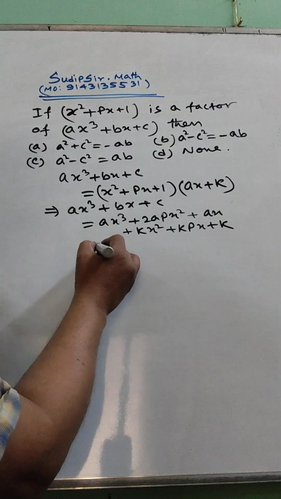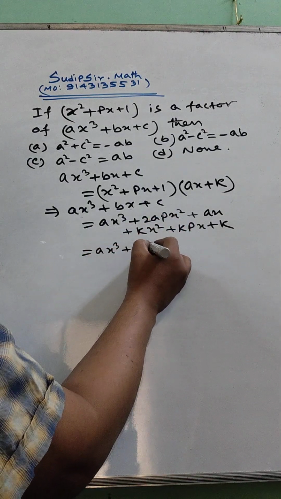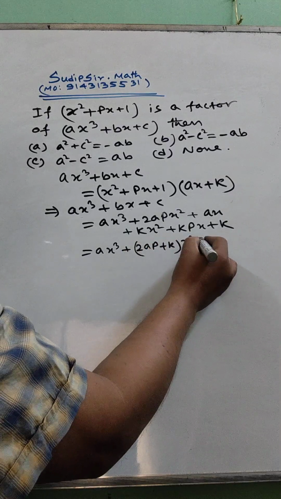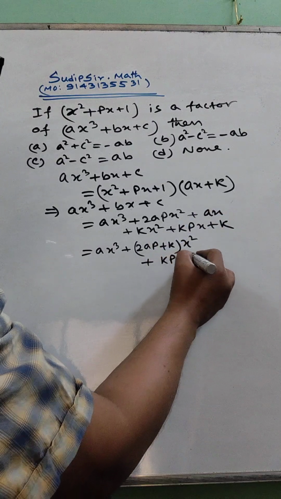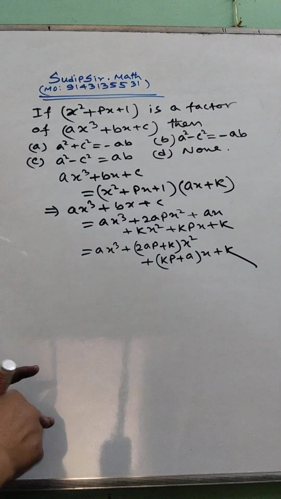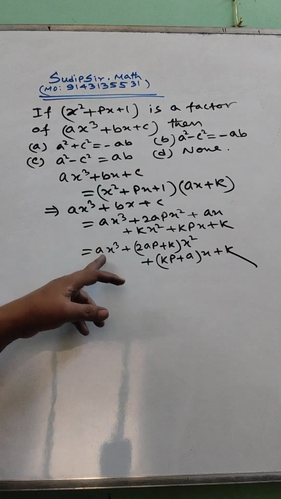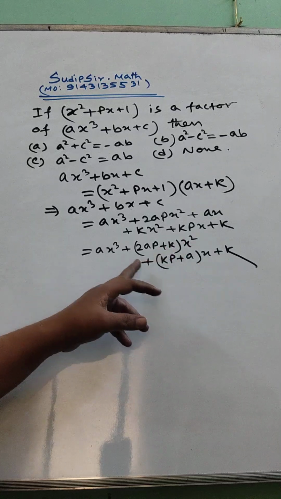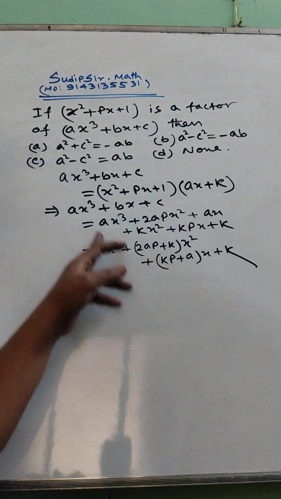Now take common: ap plus k times x square plus kp plus a times x plus k. So this is the form of ax cube plus bx square plus cx plus d, that's why we can compare this. Ax cube is the same.